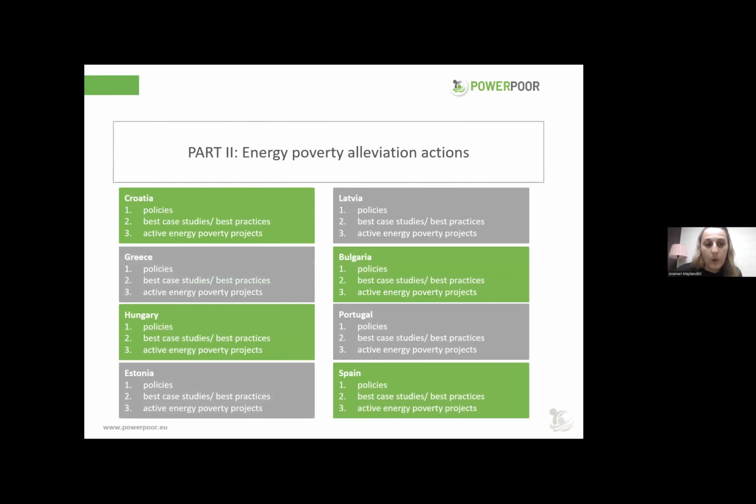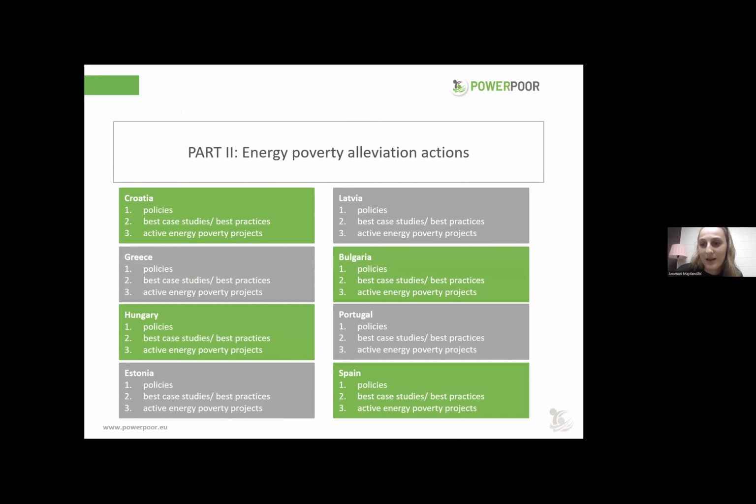We produced one really big baseline report, which can also be shared with you when we share the presentation, because it's publicly available. These 8 pilot countries have done a really good mapping of all the policies. But of course, when we did it, it was only the COVID situation.